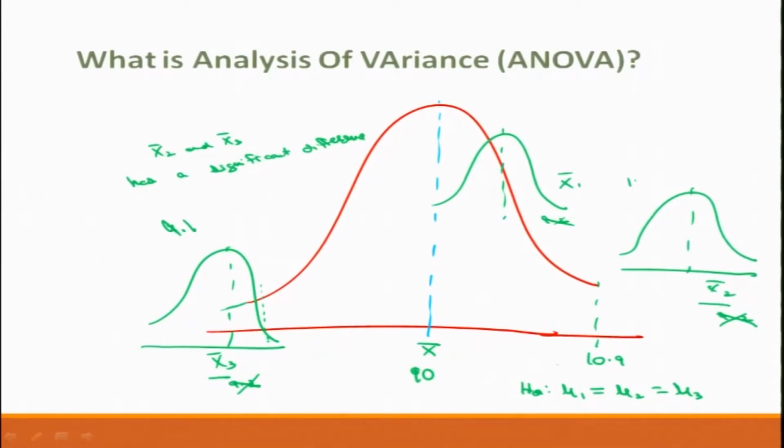So, this mean is between 10 and 10.9, and this mean x3 bar is less than 9.1. In this case, x2 bar is greater than 10.9, which are my limits, right hand side and left hand side limits.